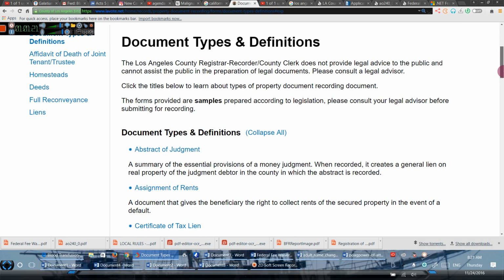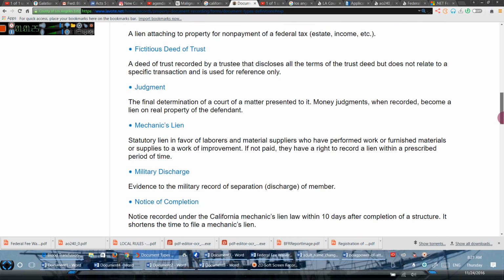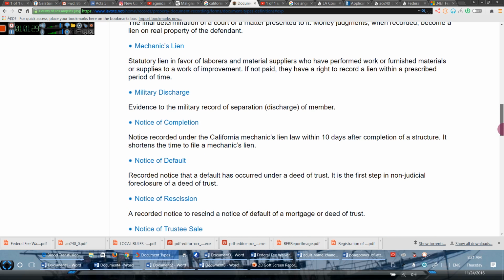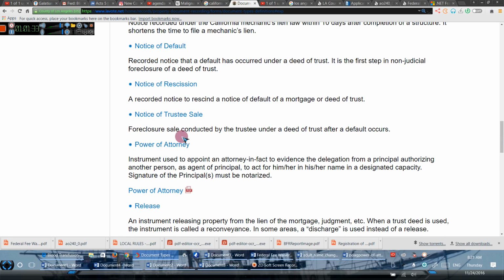The LA County Recorder told me it could not file my power of attorney. I was upset. Look, let's look at the definitions. Power of attorney, ladies and gentlemen: instrument used to appoint an attorney in fact, to evidence the delegation from a principal authorizing another person as an agent to act for the principal in a designated capacity.